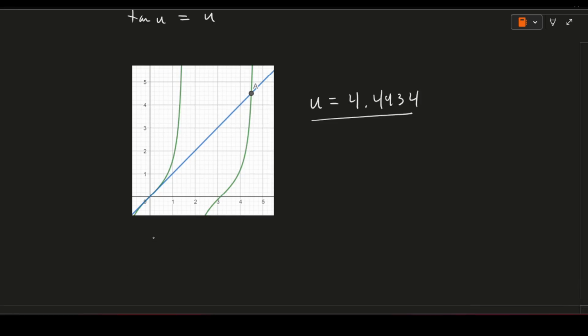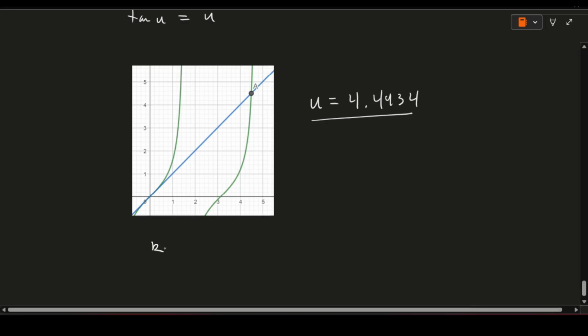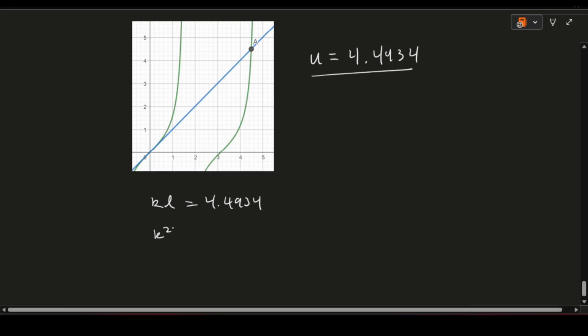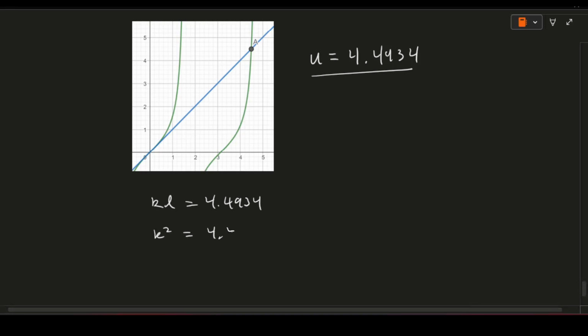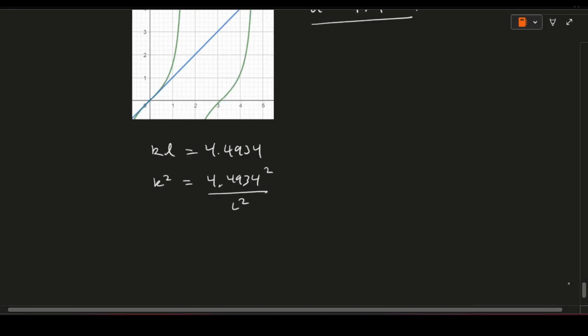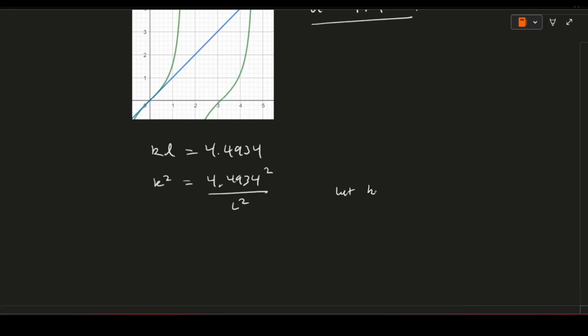Okay, and we know that u is KL. KL equals 4.4934. And we can use the same trick: k squared equals 4.4934 squared divided by L squared. And let k squared equal to P over EI.